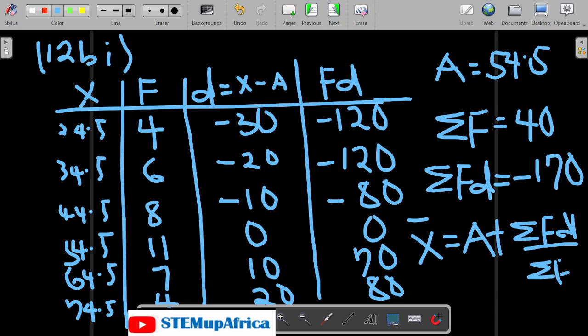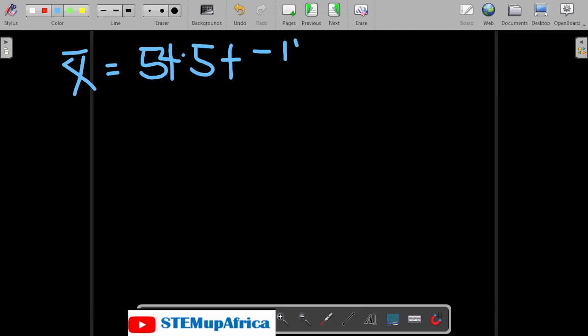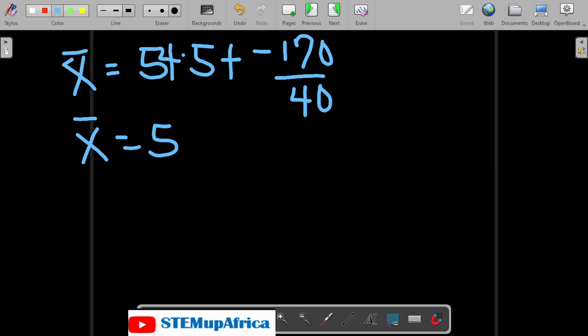So let's fix in our values. X bar, which is our mean, equals A, which is 54.5, plus minus 170 divided by 40. So X bar is 54.5 minus 170 divided by 40, which gives us 4.25.